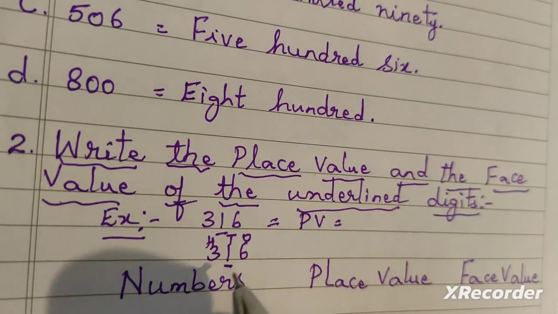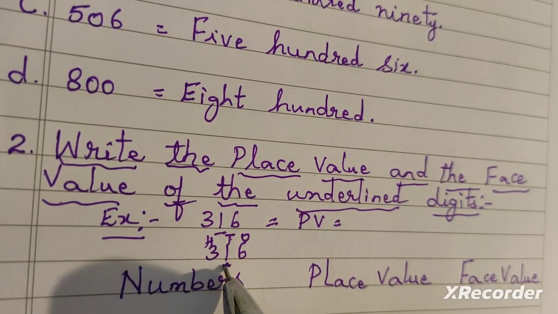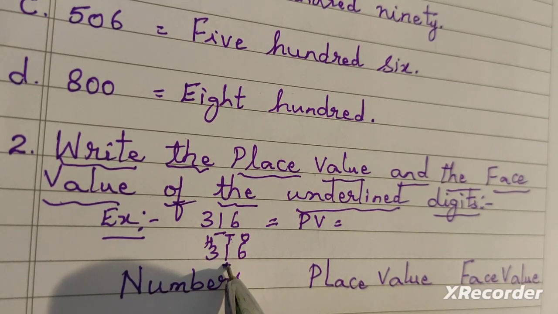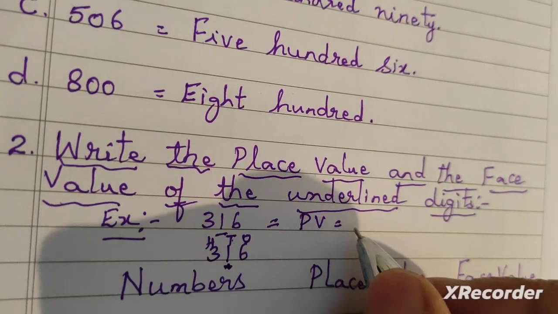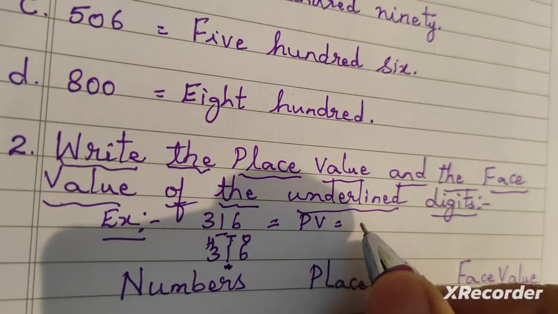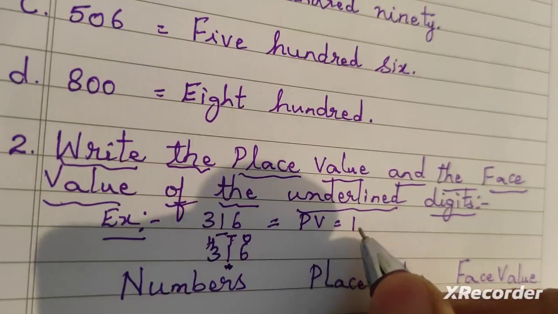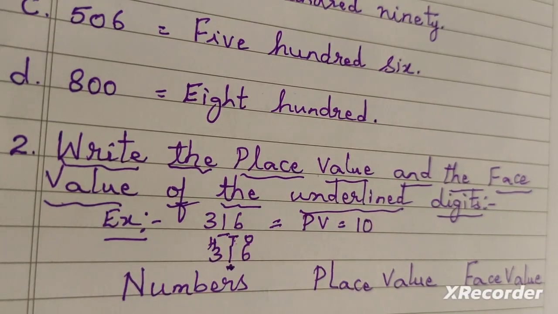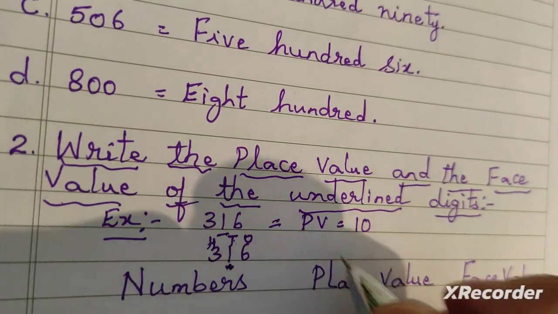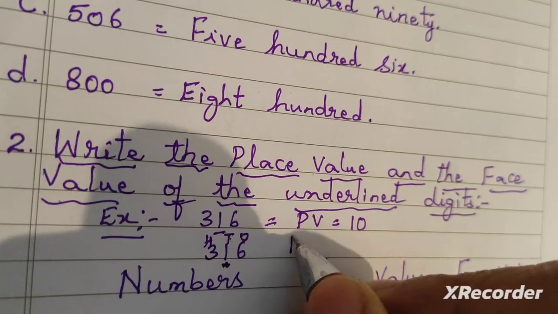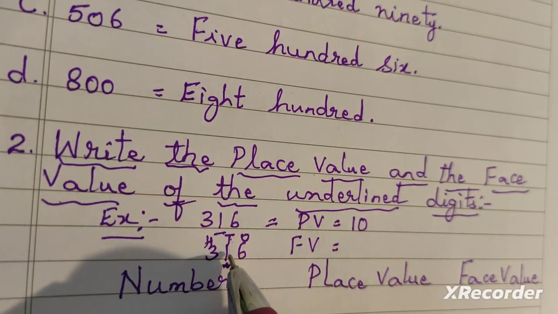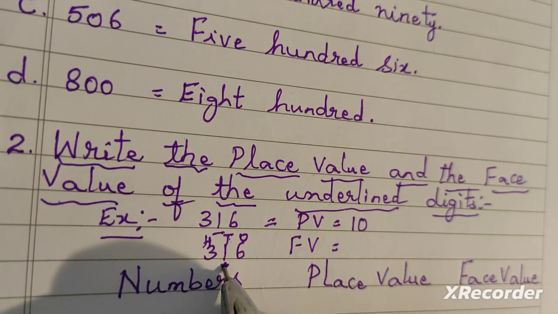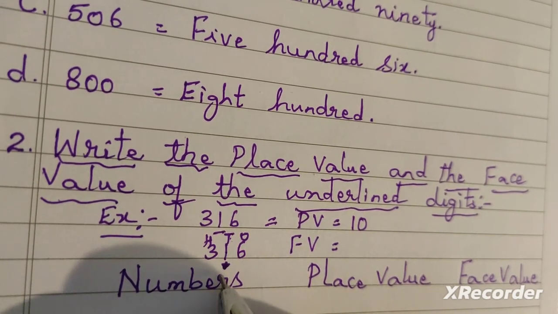Which is the underlined number? 1. So 1 is in which place? Tens place. So the place value is 10. Okay. Face value. Face value means whatever number is underlined, the number itself is the face value. 1 is underlined.